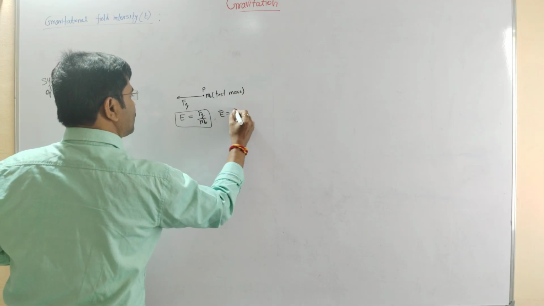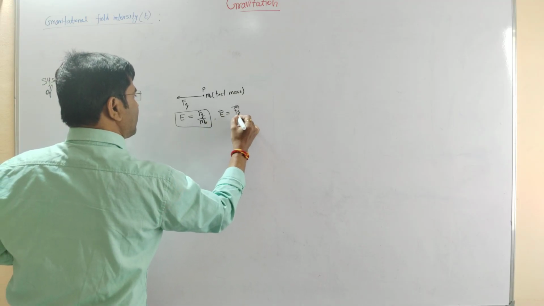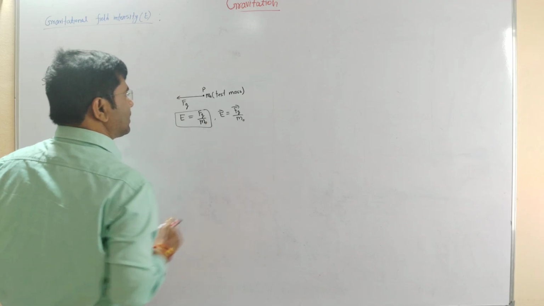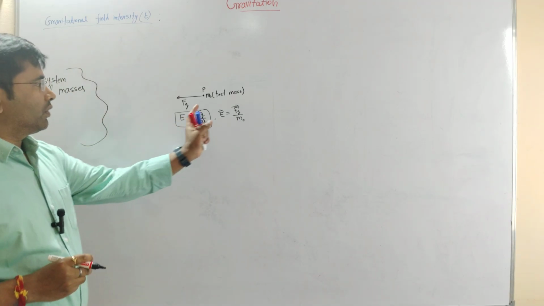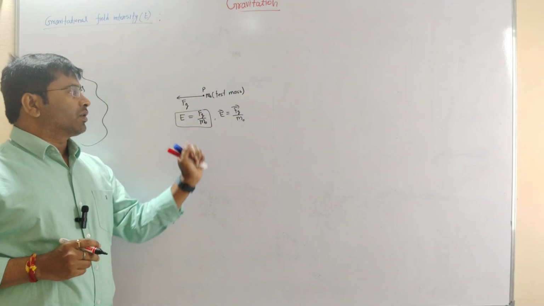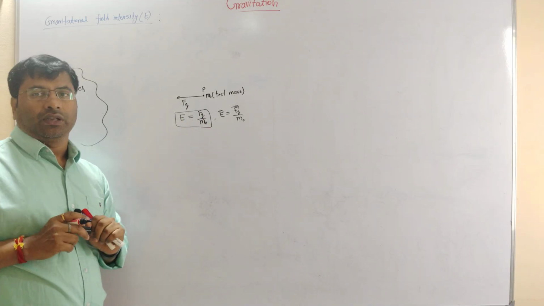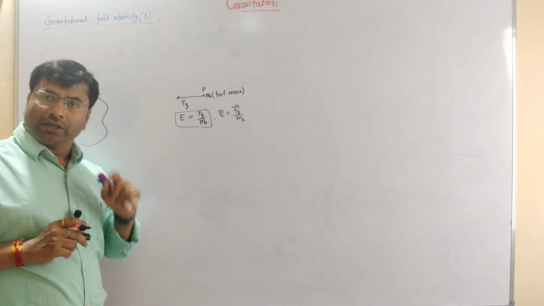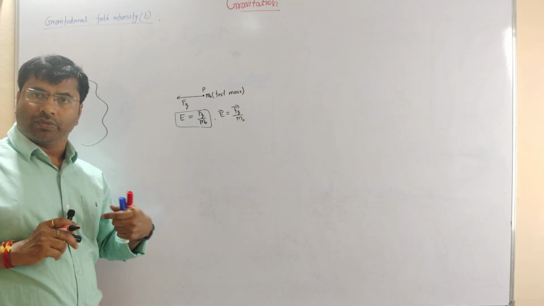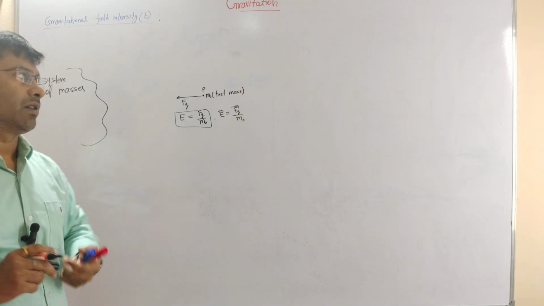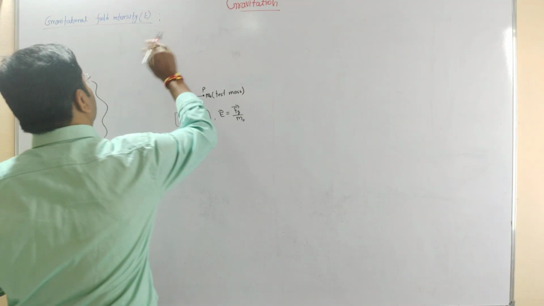So this will be the gravitational force upon that test mass. That means if you keep a unit kg mass here, so m naught equal to 1 kg, this force will become E. That means whatever force acts on a unit kg mass represents the gravitational field at that point. Clear? So we can define it now.